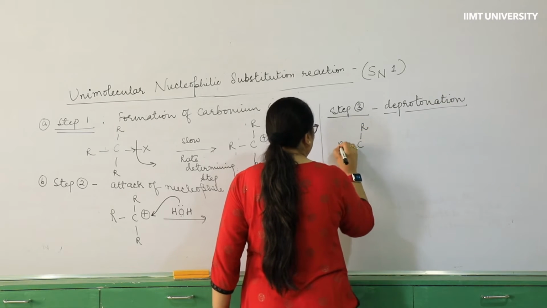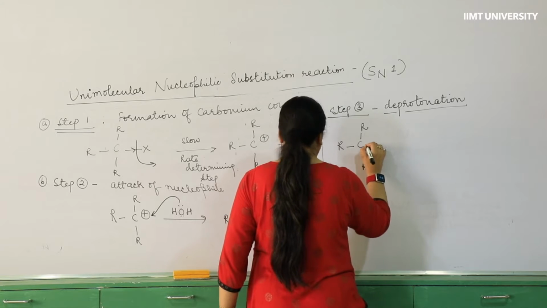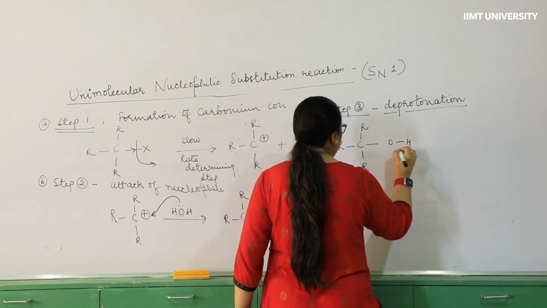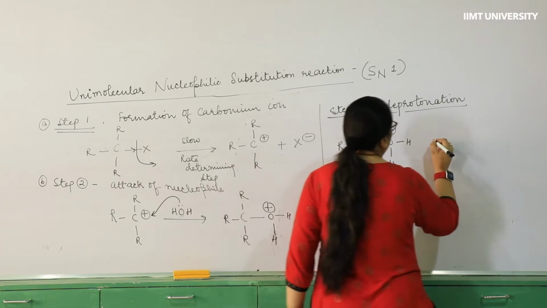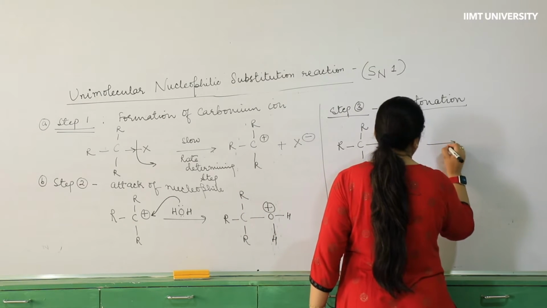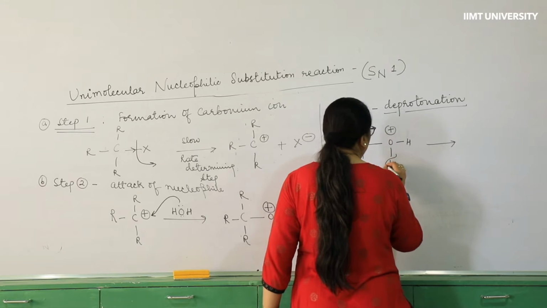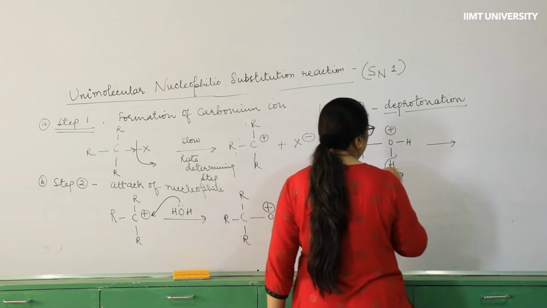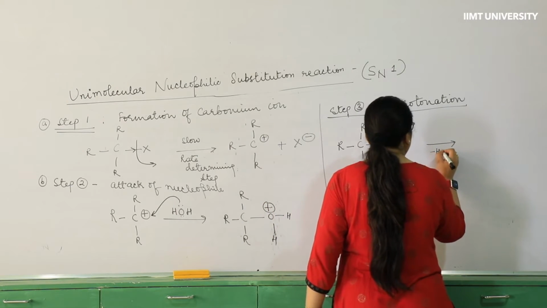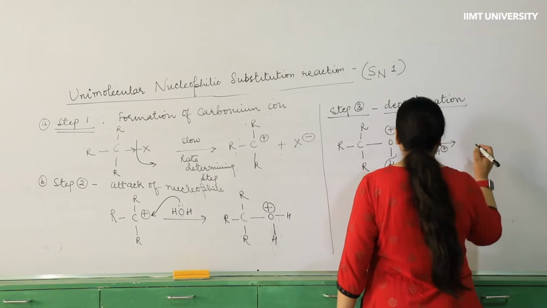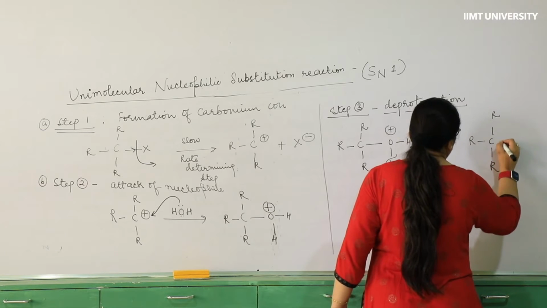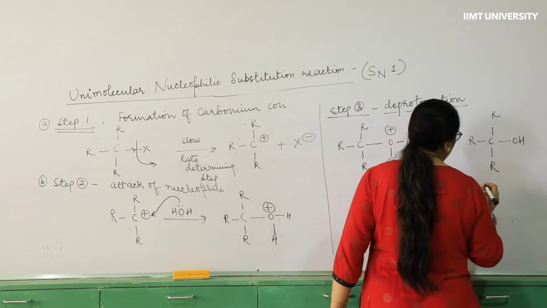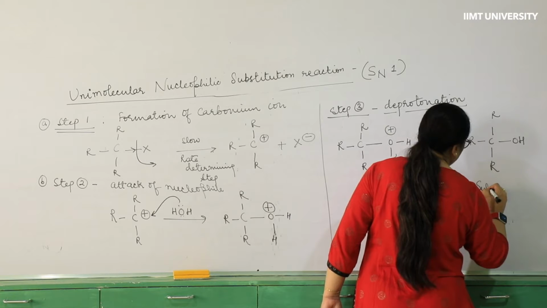So from the structure which is formed in step 2, this one proton will be removed by some deprotonating agent, and the resultant is this compound, which is the substitution product.